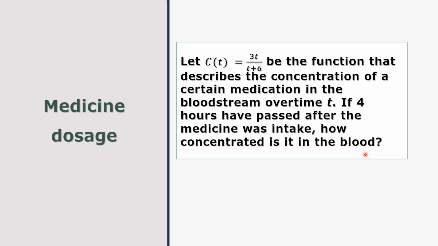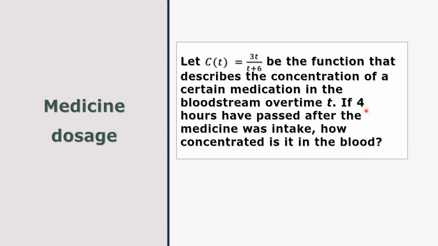Next example is the medicine dosage. Let the function c with respect to t be equal to 3 times t divided by t plus 6 be the function that describes the concentration of a certain medication in the bloodstream over time t. If 4 hours have passed after the medicine was taken, how concentrated is it in the blood?